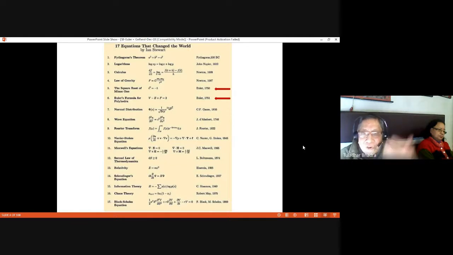So it starts from 300 BC, the Pythagorean theorem. Anyway, Euler is so important because in these 17 equations that changed the world, Euler's name has been mentioned twice. That's why I thought that these are very extraordinary mathematicians about whom we will be talking today, because we have to learn about such extraordinary mathematicians.